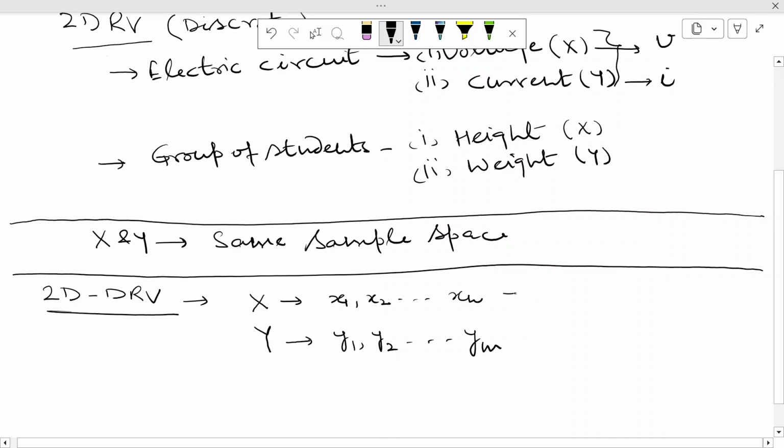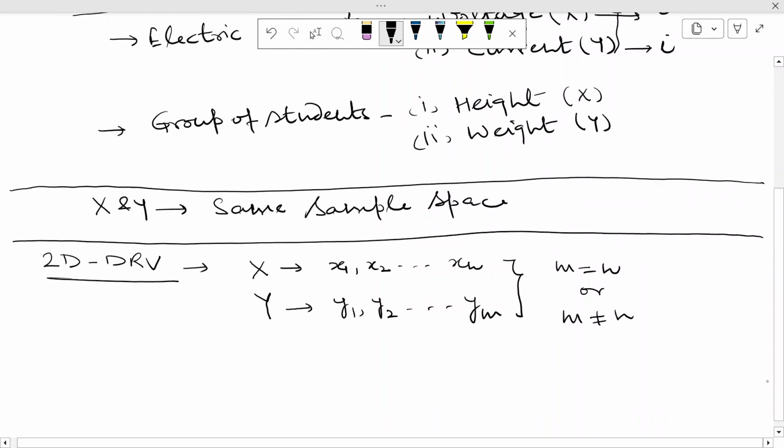Here I would like to mention that it is not necessary that m is equal to n. Both situations are possible: you may have an equal number of values of both variables, or an unequal number.